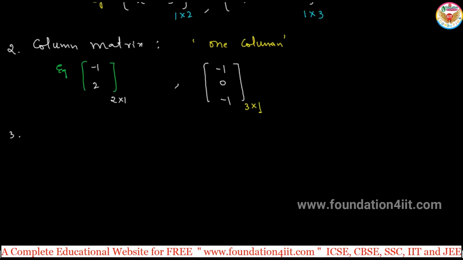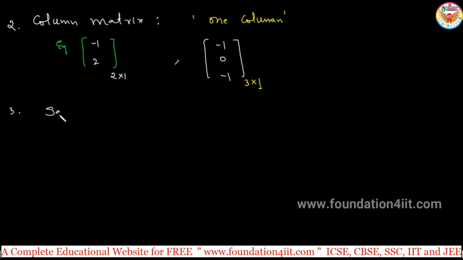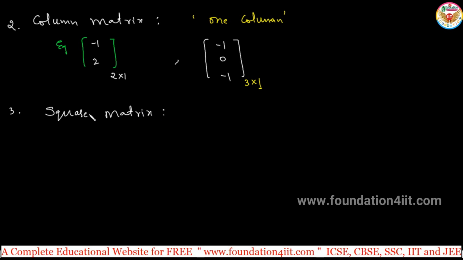Square matrix. We have 7 types. In this square matrix, you can see the meaning from this word square, right? The meaning of square is 4 sides are equal. So length and breadth must be same. That means a matrix which has equal number of rows and columns.